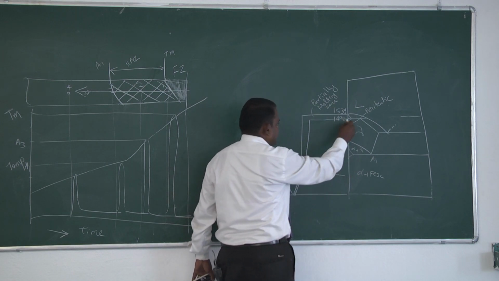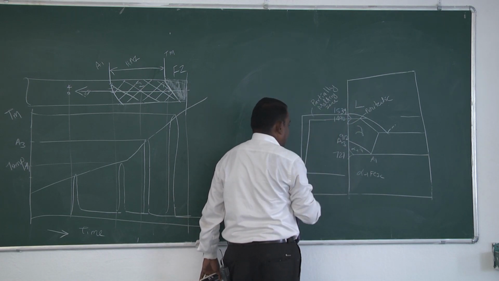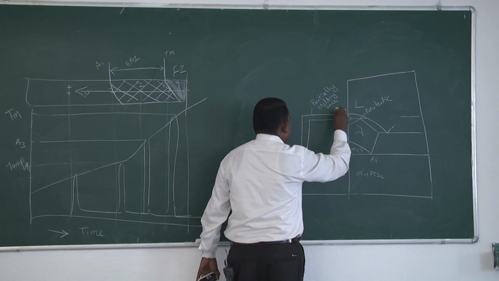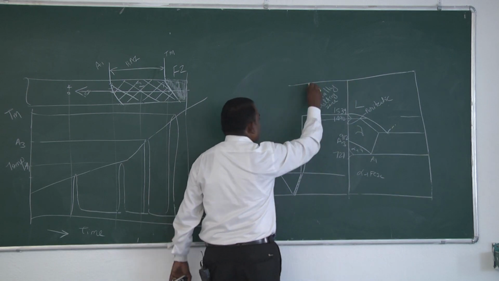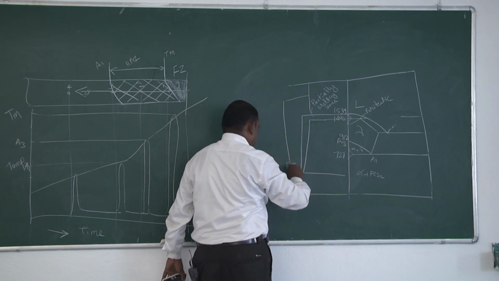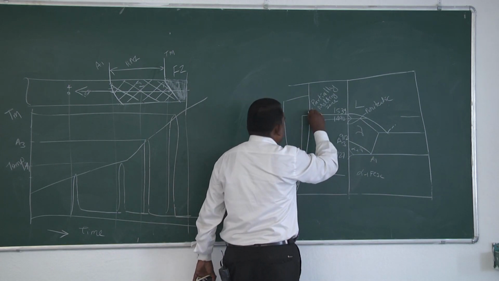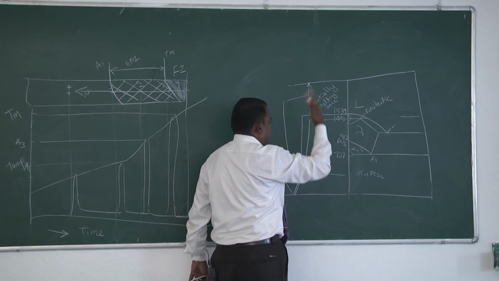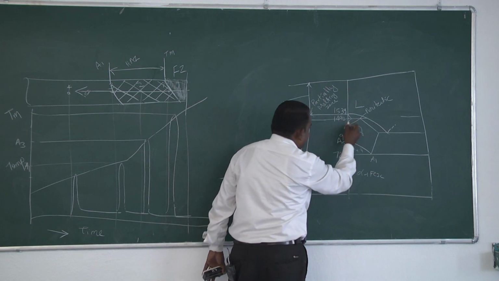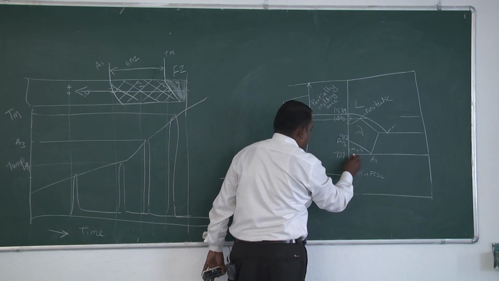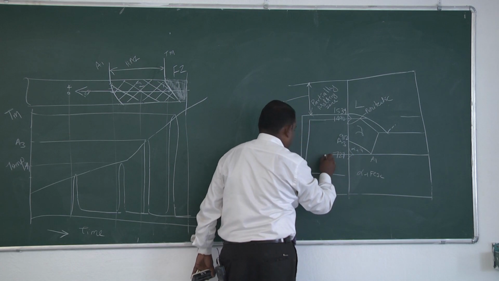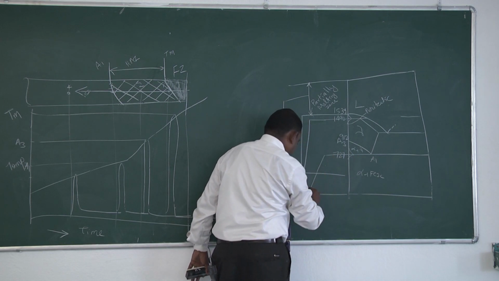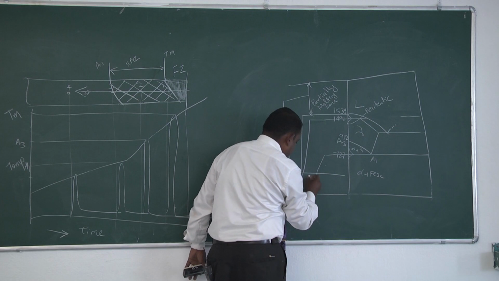Above liquidus temperature, the complete metal will be your fusion zone, and below peritectic and up to A1 will be a different zone of parent metal. This is your interest.